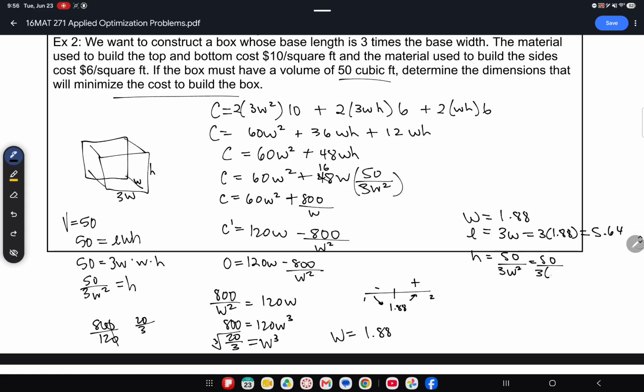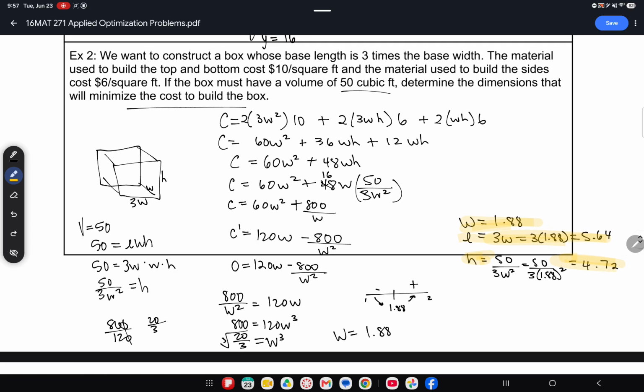So 50 over 3 times 1.88 squared gives me 4.72. And there are the dimensions. Did it ask for the volume? Oh, we already had it. Never mind.